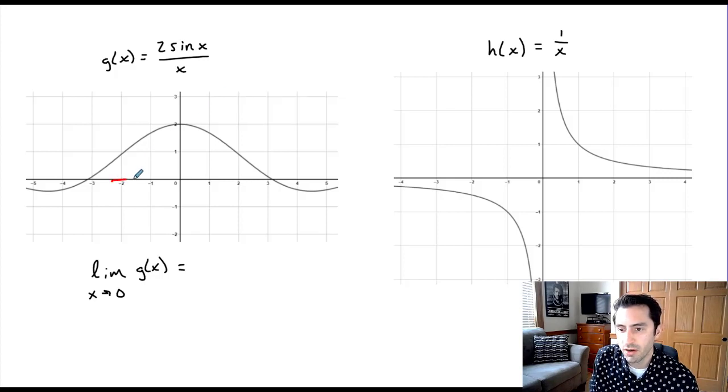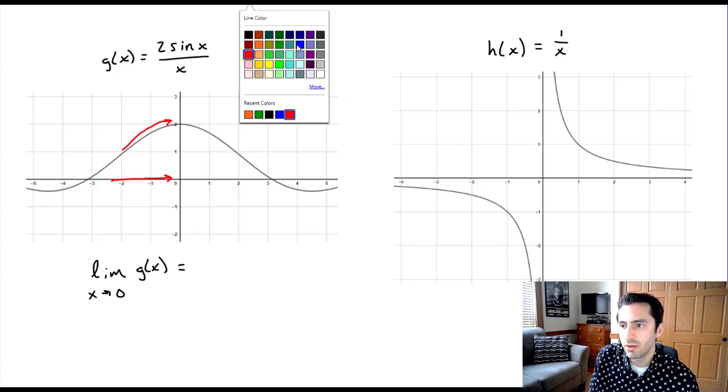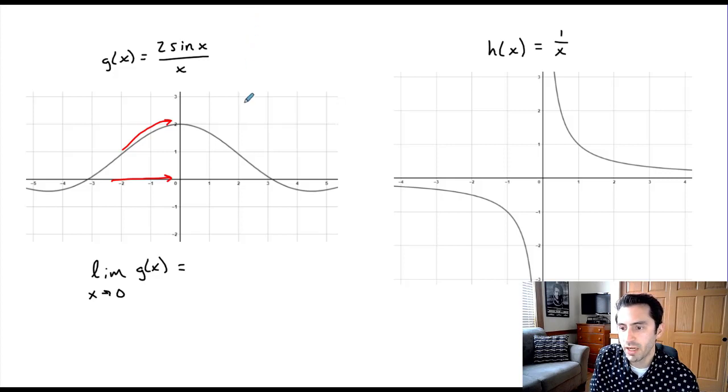So as our x values are getting closer to 0 from the left-hand side, we need to take a look at what's happening to our graph this way. And we also need to do the same thing from the right-hand side. So as these x values are getting closer and closer to 0 from the right, what is our graph doing this way?